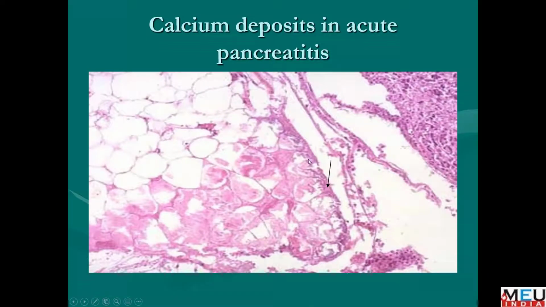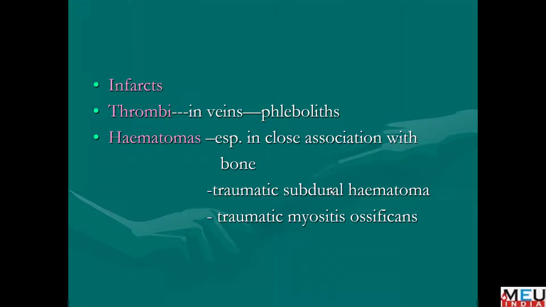This is in pancreatitis, there is fat necrosis, and there is deposition of calcium particles inside the fatty cells. A very common cause is infarcts in various parts of the body, which can get calcified. The thrombi in veins cause phleboliths.